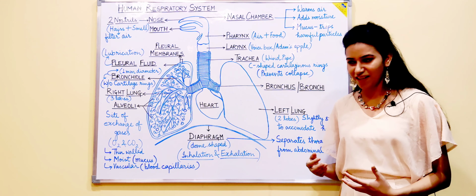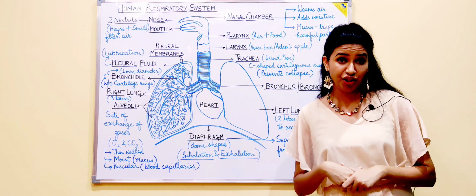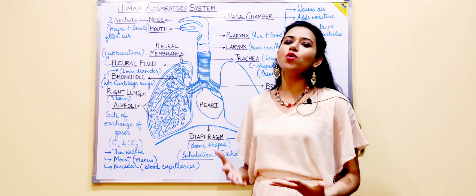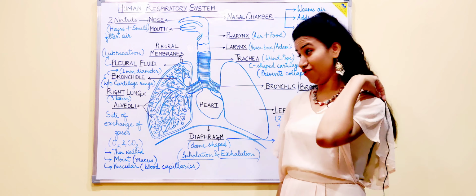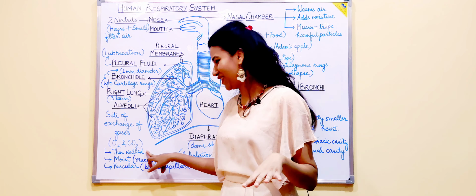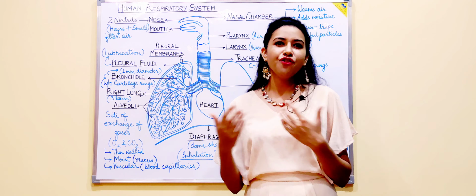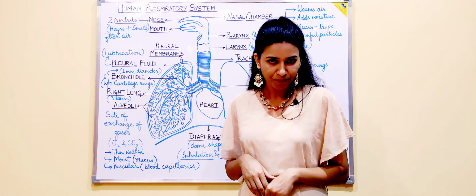Now, I was talking about alveoli being the site of exchange of gases. What makes it most efficient for the exchange of gases, right? So the answer is number 1. It has characteristic features, by the way. It is thin-walled. Now, imagine the exchange of gases is happening via diffusion, right?